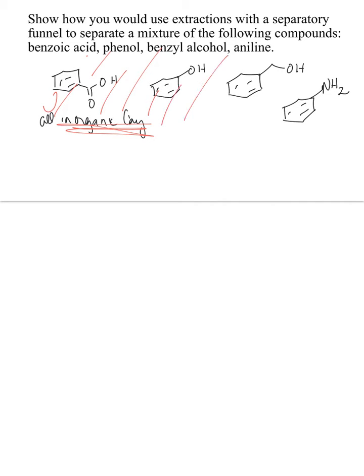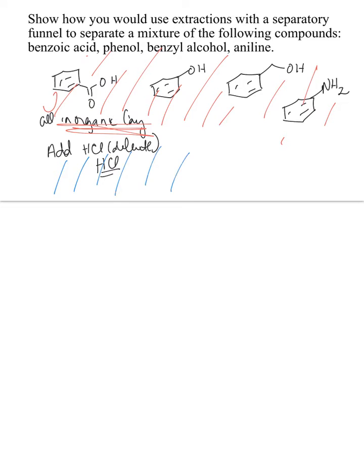We'll make our organic layer striped. Okay, then we add dilute HCl. Okay, so dilute HCl. This is in your water layer. And then what happens is things get protonated.